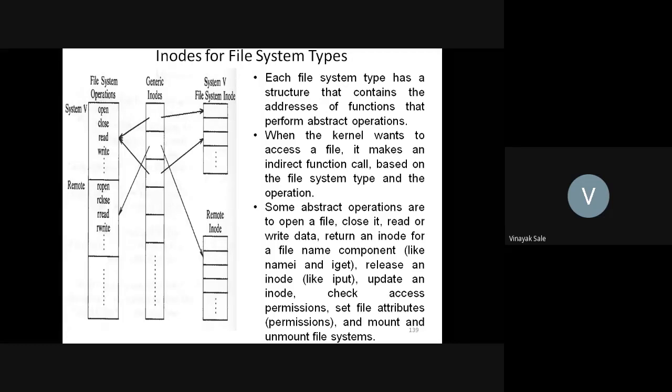Some abstract operations are open a file, close it, read or write data, return an inode for a file name component like namei or iget, release an inode, update an inode, check access permissions, set file attributes, and mount and unmount file systems.